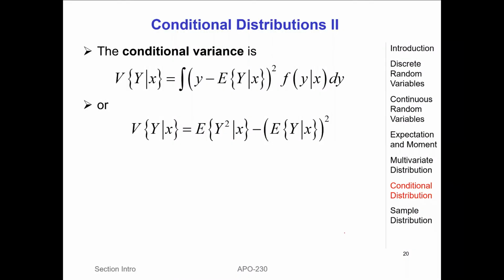Then it comes to the conditional variance. Again, not really strange compared to what we looked at before for the univariate case. You also have the variance, which is the integral over all possible outcomes of y of the squared deviation of y from the mean. However, what changes now is we use a different expectation.